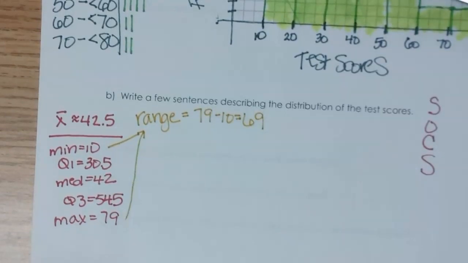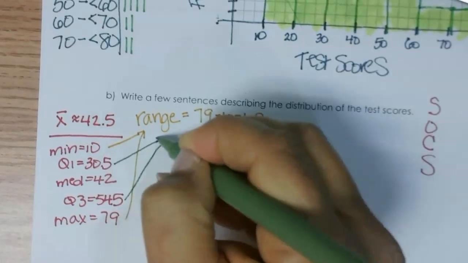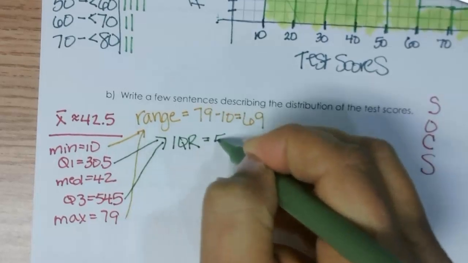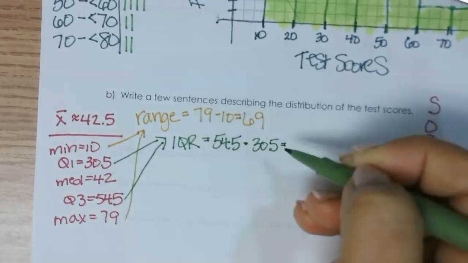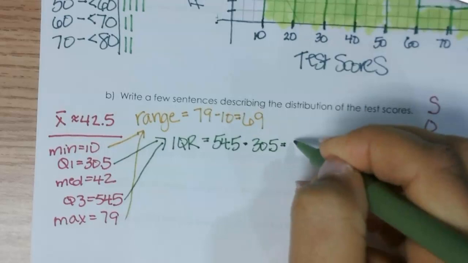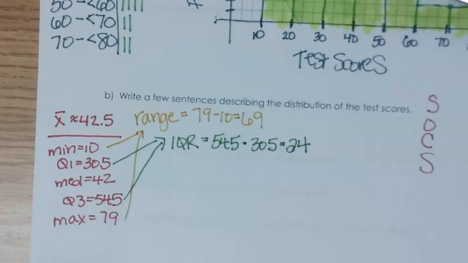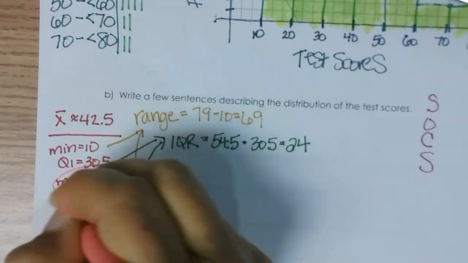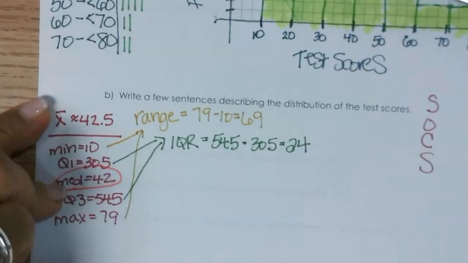We also know that we could take our Q1 and Q3 and subtract them for the IQR. So 54.5 minus 30.5 gives me 24 for my IQR. And then our median is going to be this number that's in the middle. So those are the measures of center and spread.